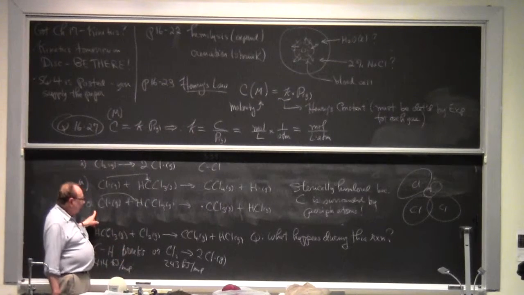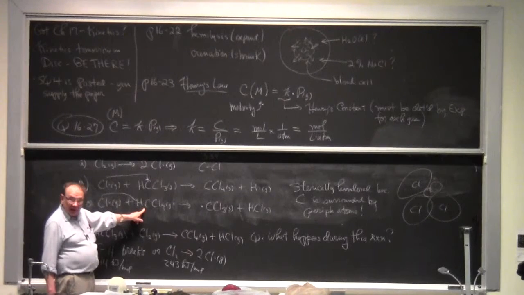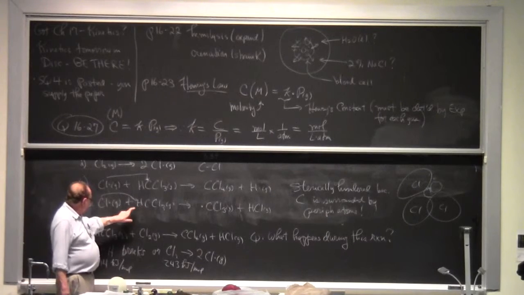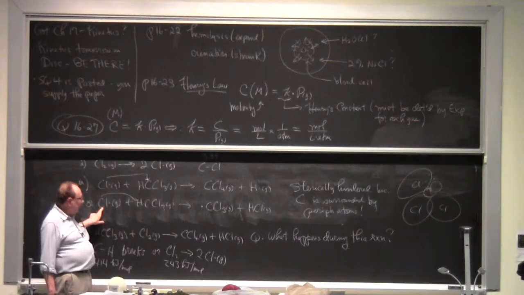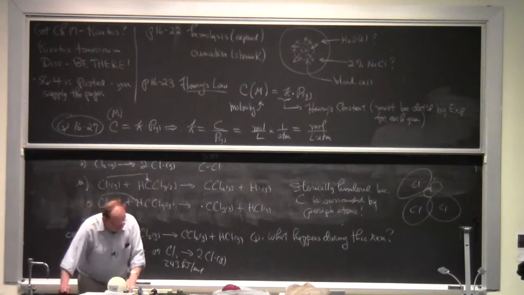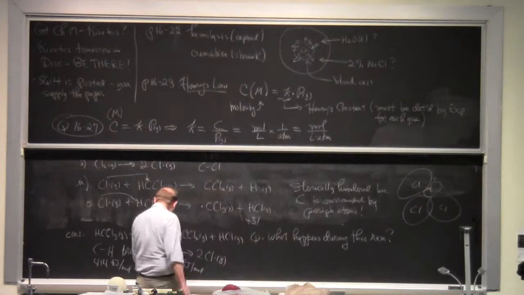Well, let's take a look at this other one. In this case, we're breaking the carbon-hydrogen bond and making a hydrogen-chlorine bond. So what do we need here? A hydrogen-chlorine bond. That's 431.